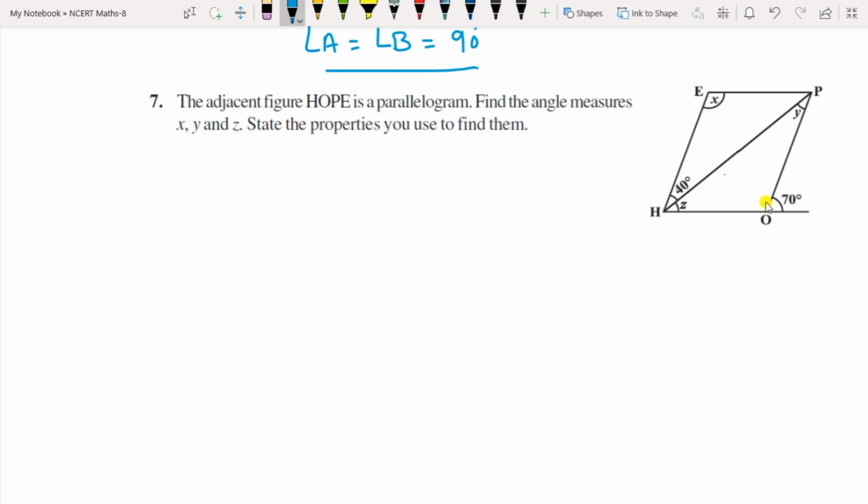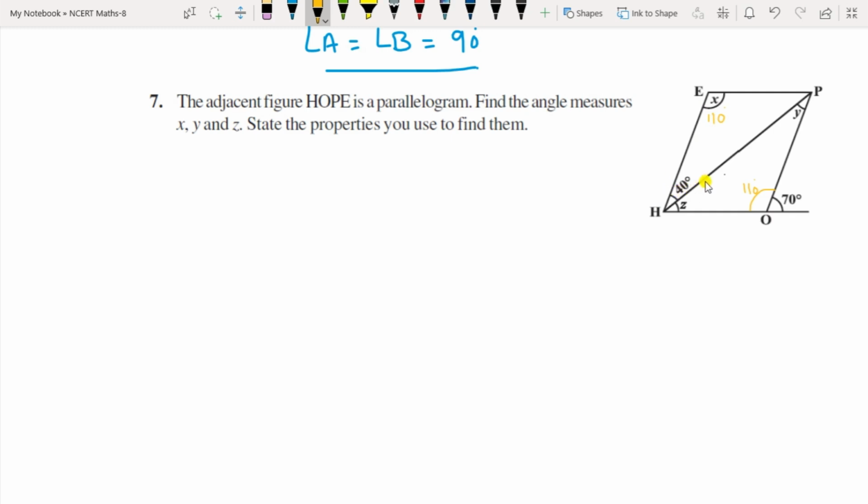If we do 180 minus 70, since this is a straight line angle, it becomes 110 here. So if this is 110, X will be 110, that is opposite angles of a parallelogram. Okay, so this becomes 110, and this is 40 here.